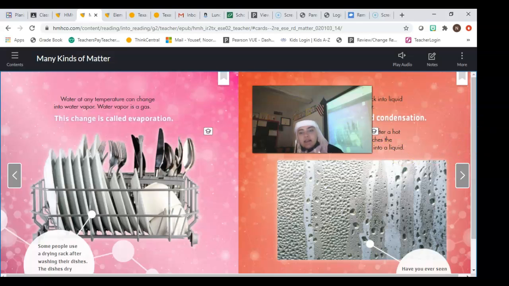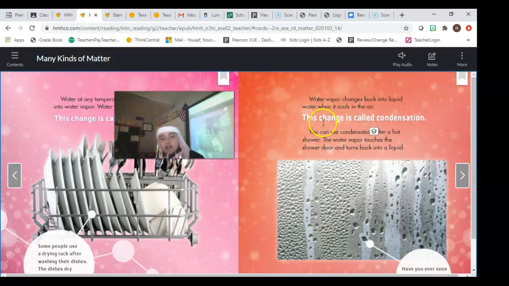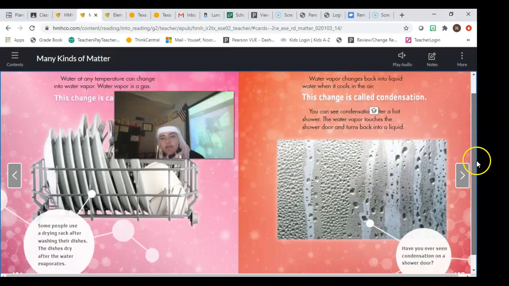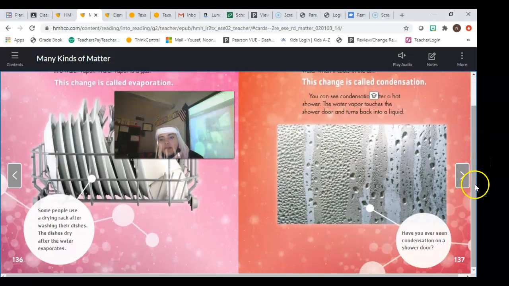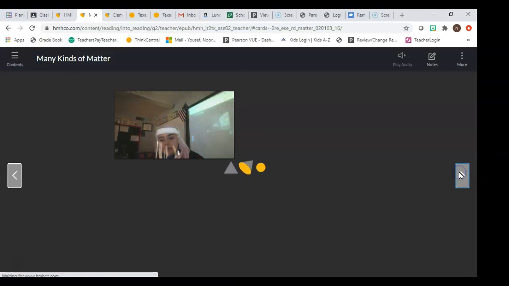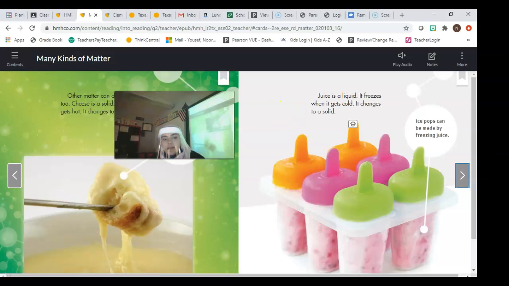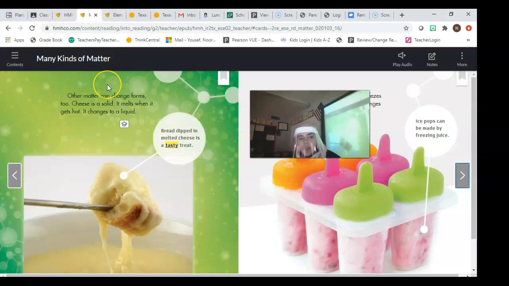And it says, this change here is called condensation. Water vapor changes back into liquid water when it cools in the air. And here you can see the condensation after a hot shower. The water vapor touches the shower door and turns back into a liquid, or the mirror if it was really steamy. That's called condensation.